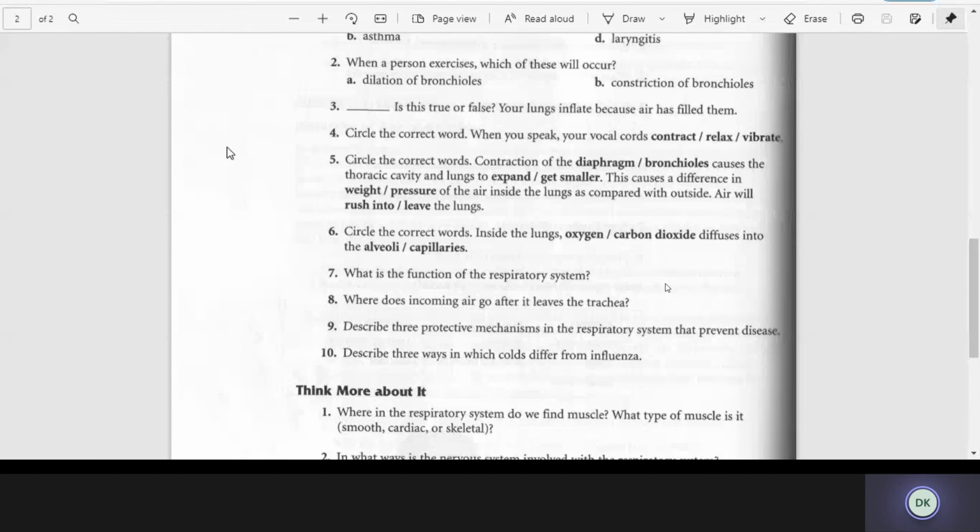Okay, so first, do you understand the meaning of dilation? Dilation means getting wider, getting bigger, right? And constriction means getting smaller. So why do bronchioles get bigger when we exercise? Because when we exercise, we need more oxygen to breathe, right? Yes.